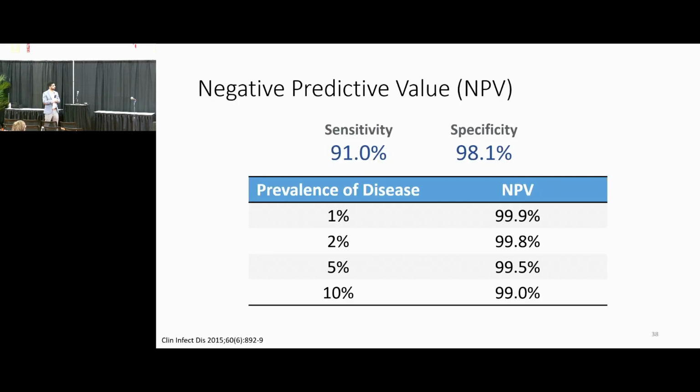And so this is the part that really tries to hit home in understanding. So you have the performance characteristics of T2 and understanding where its specificity is as well. And then if you look at the negative predictive value, depending on the prevalence of disease, or the other way to think about it is your pretest probability of them having candidiasis, the negative predictive value is extremely high, right?